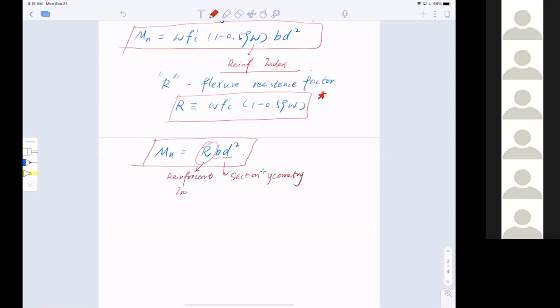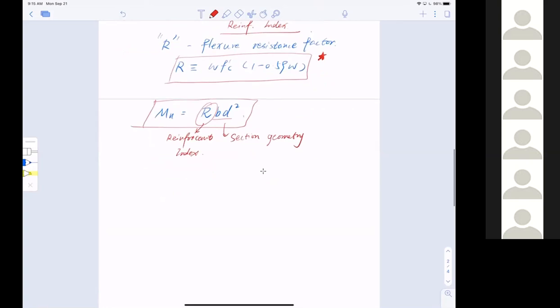So essentially, we decompose the moment capacity into 2 aspects. One is the reinforcement, the other is the geometry. And with this, we can carry on.